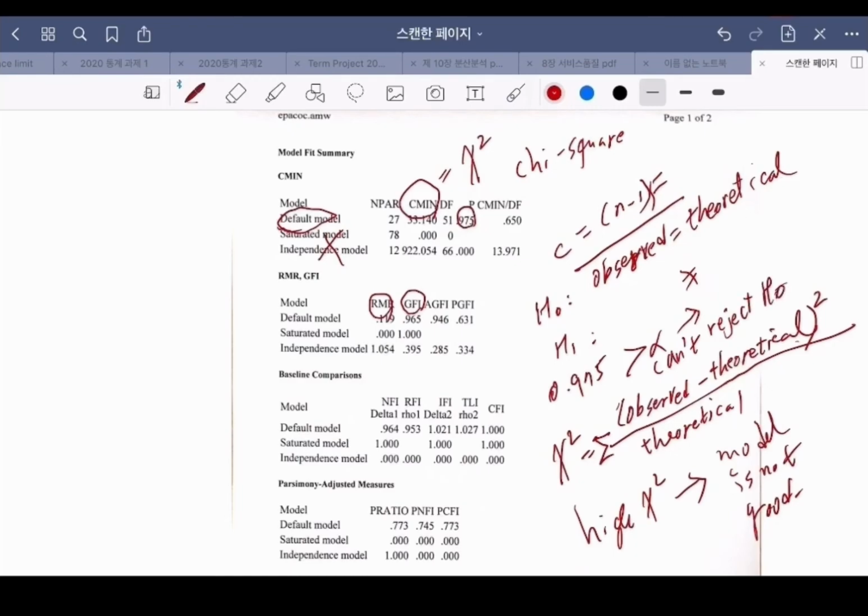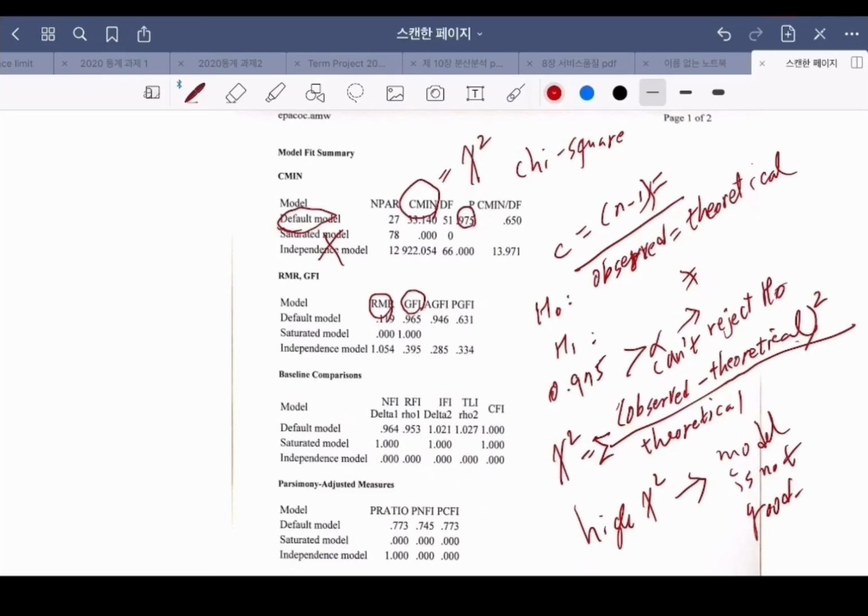All right. Let me explain this one again. From this output, C mean is one of the measures that we use. Basically, C mean is the chi-square value. C mean stands for the minimum of C value, so C is not the word, C is a kind of value, and C mean is equal to chi-square.